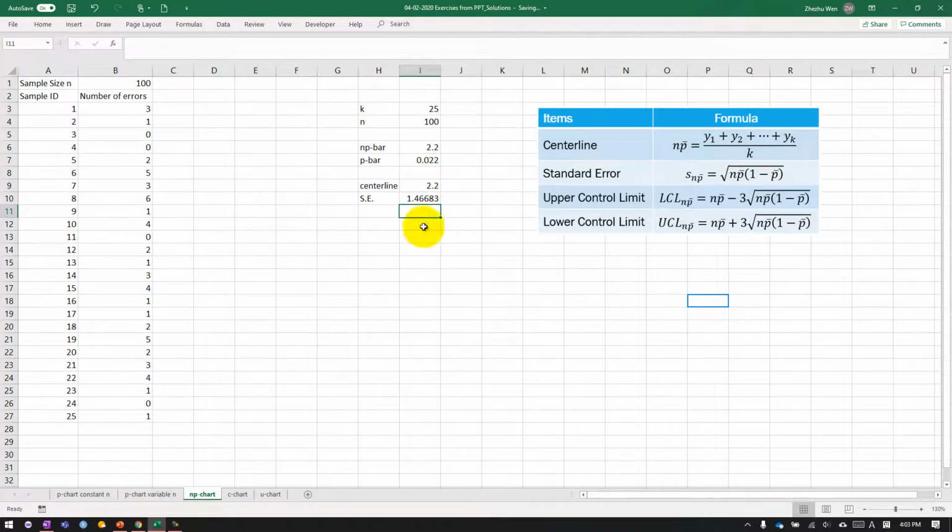So this is our standard error, and with that you can construct a control limit.